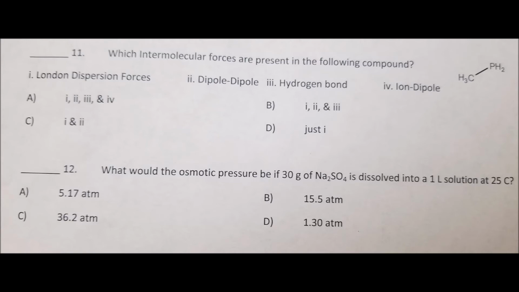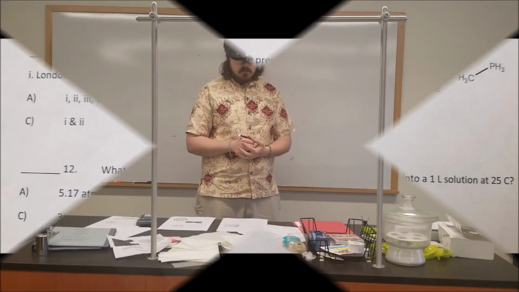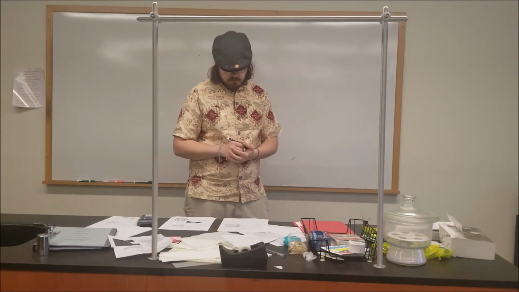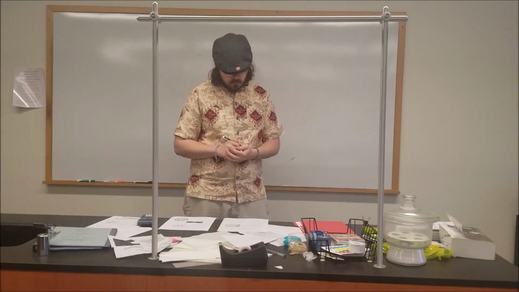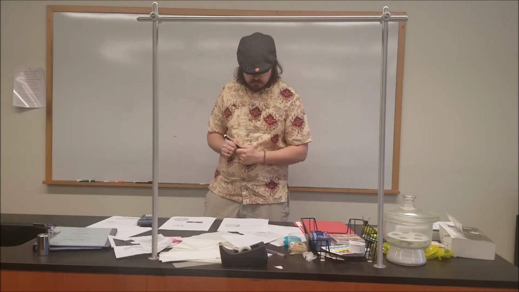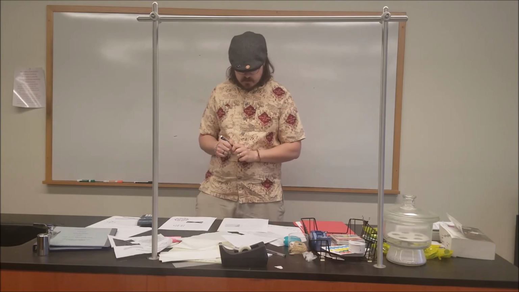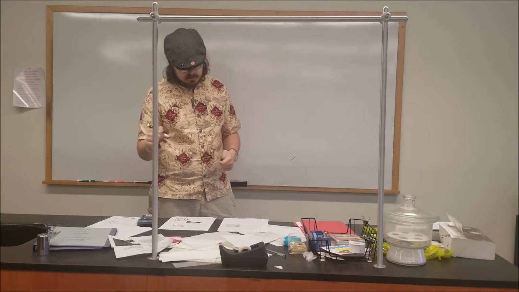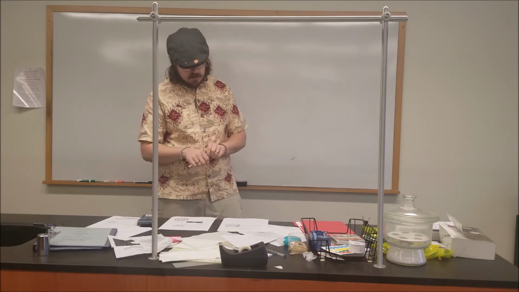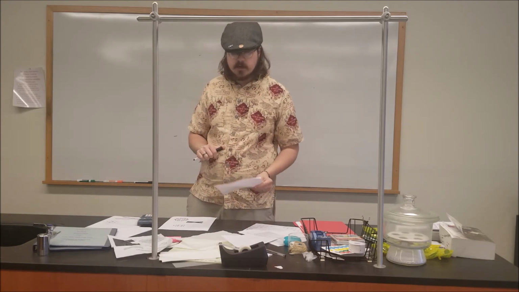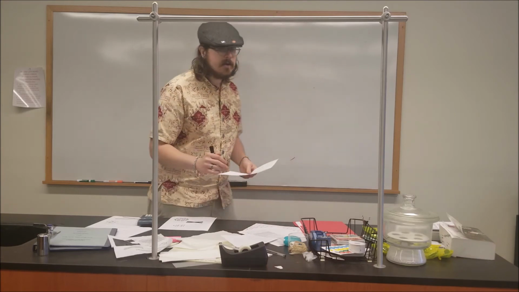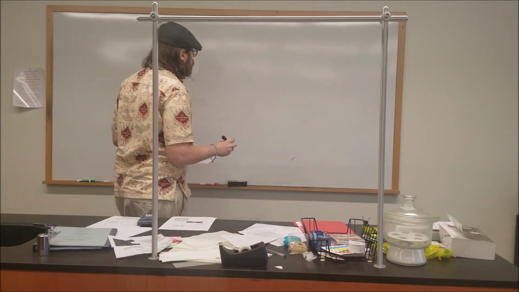Moving straight on to problem number 12. What would the osmotic pressure be if 30 grams of sodium sulfate is dissolved into 1 liter of solution at 25 degrees C? This is a standard osmotic pressure problem.